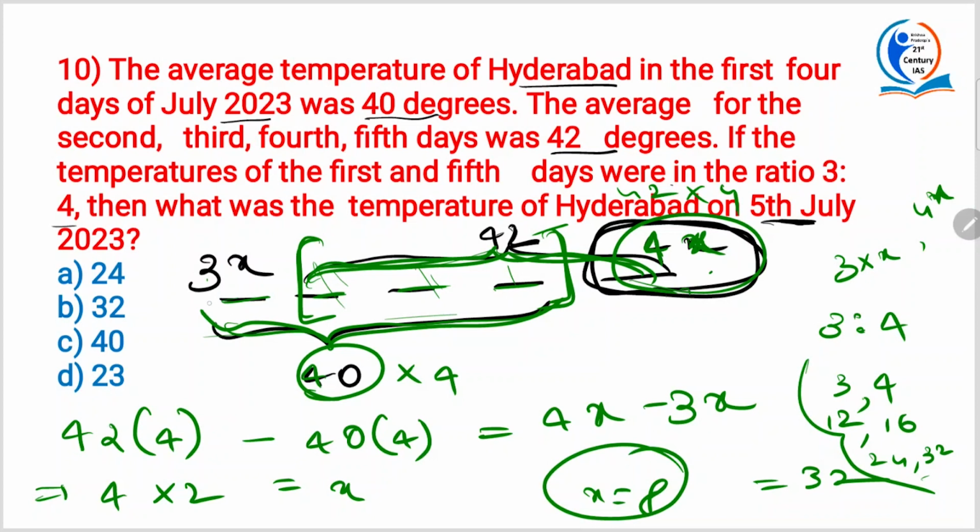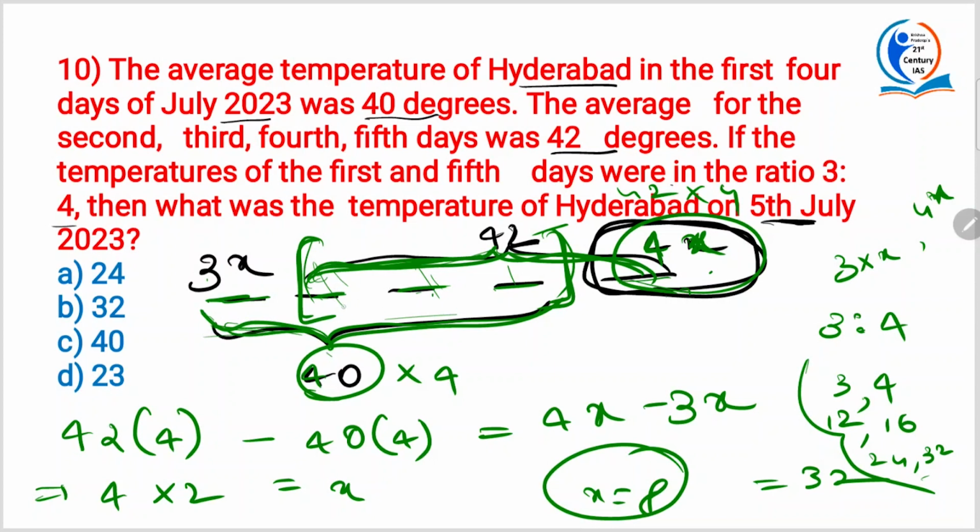What did I do? I'm explaining it to you once again so that you will get this method in head. Common sense. All the 5 days are there and the average of first 4 days is given. The average of second, third, fourth and fifth days is also given. So second, third, fourth days are common to both the conditions. If you subtract the value of the first condition from the second, what will you be left with?